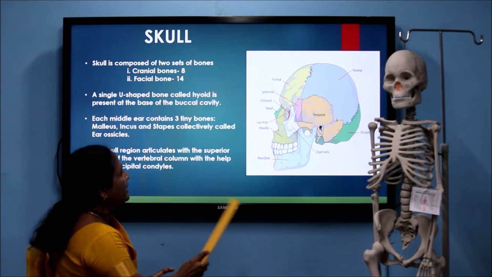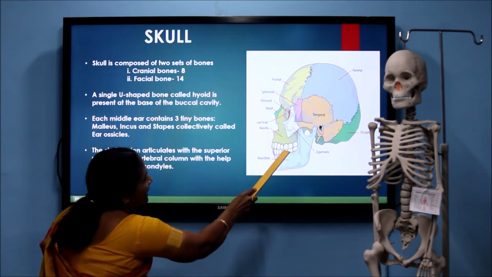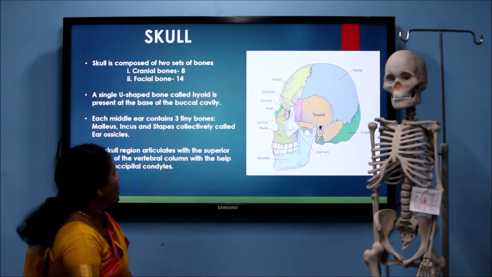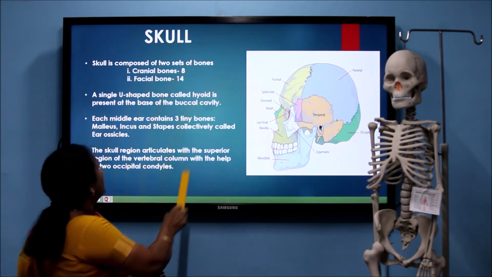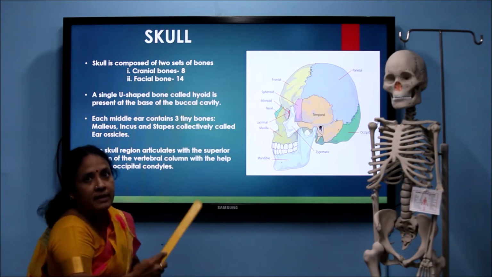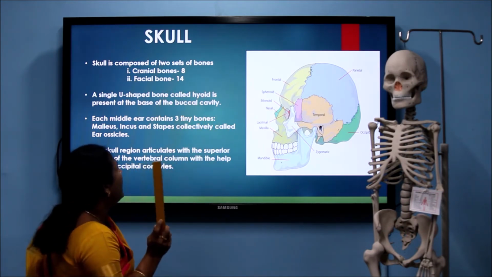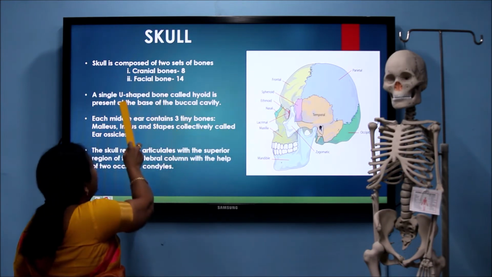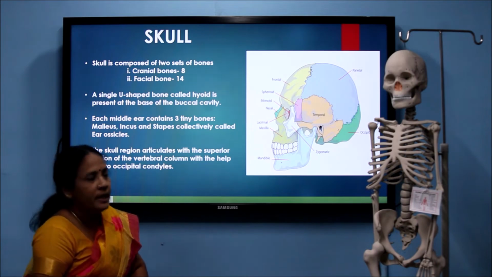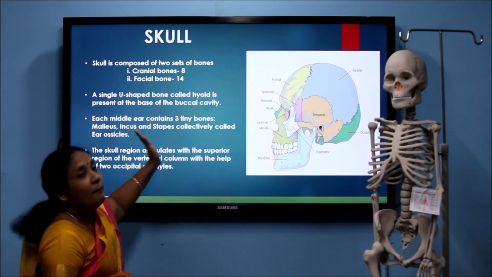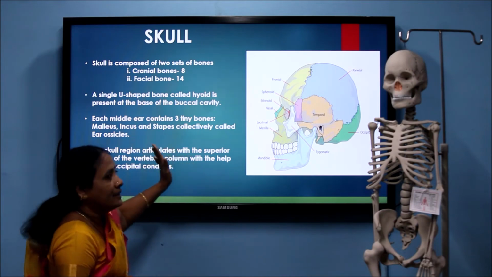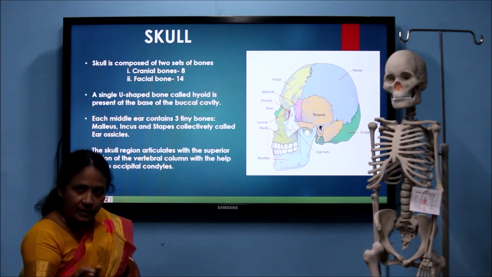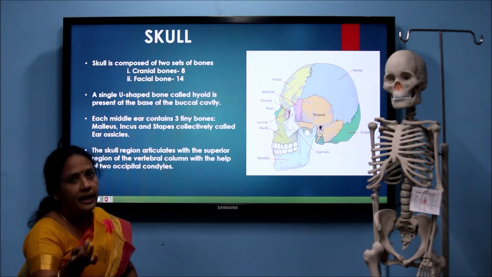Now if you see the buccal cavity, the upper jaw and lower jaw, if it opens, we can see the buccal cavity. At the floor of the buccal cavity, a U-shaped bone is present, which is called the hyoid. Then coming to the middle ear: our ear is divided into three portions: external ear, middle ear and inner ear.